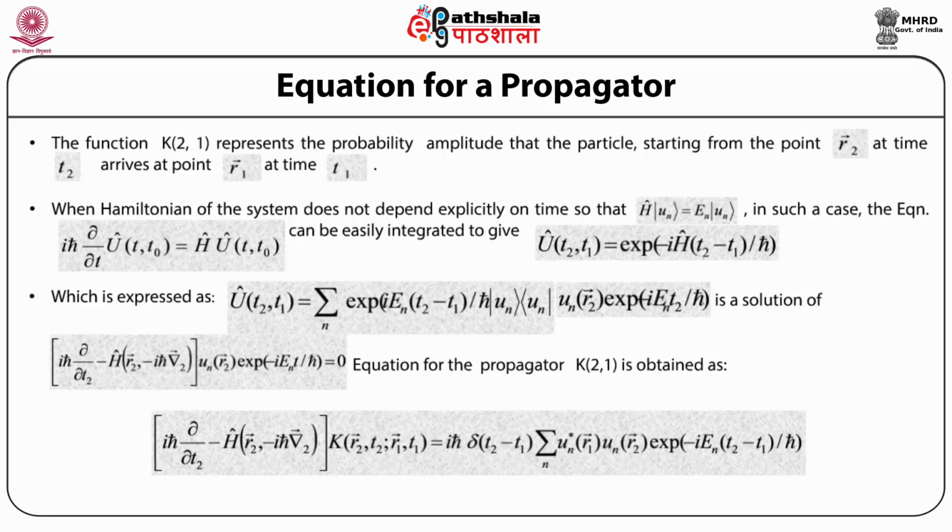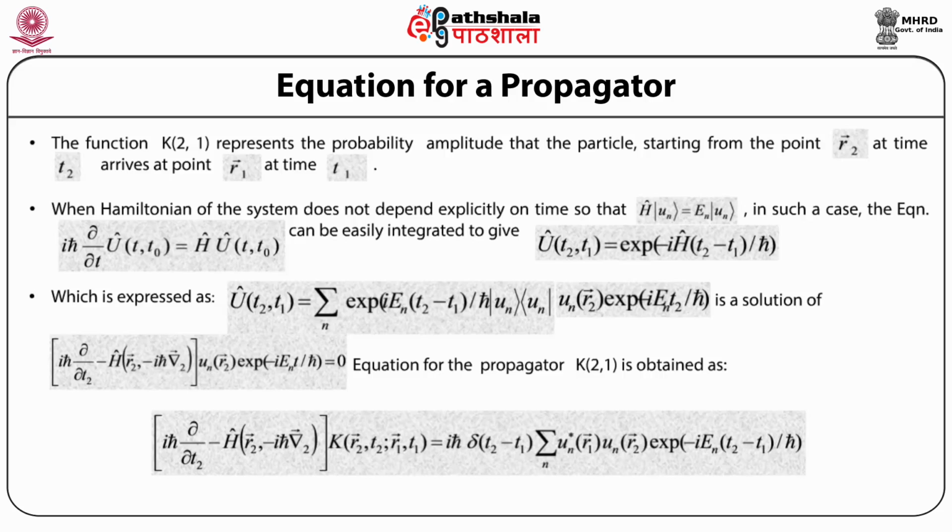Now, the normalization condition demands that the product of the evolution operator U dagger as a function of time t and time t0 and the evolution operator U as a function of time t and t0 be equal to the unit operator. And this result we get because of the conservation of the probability density.